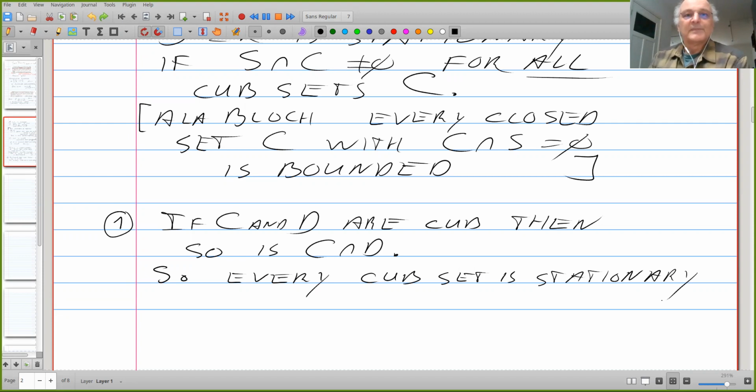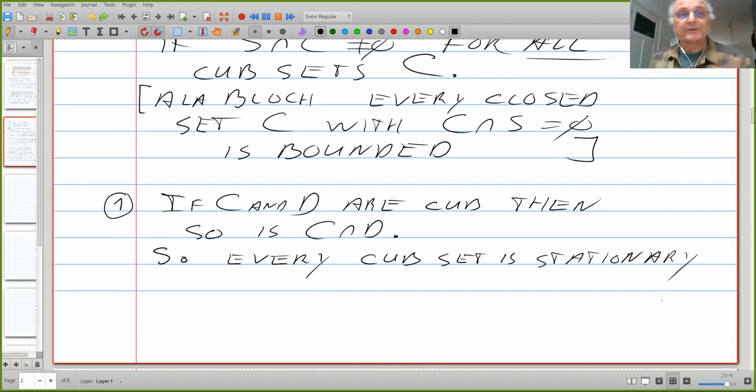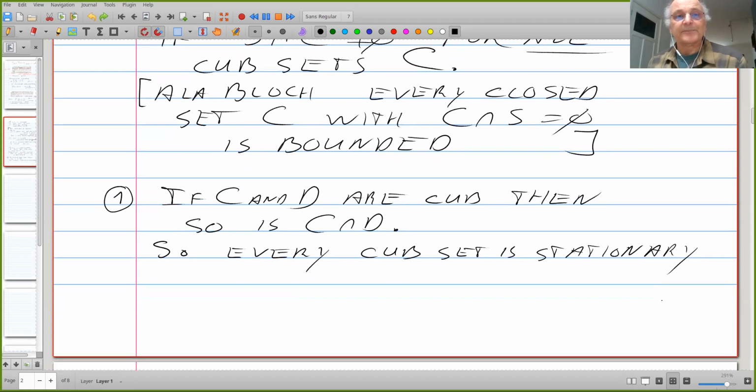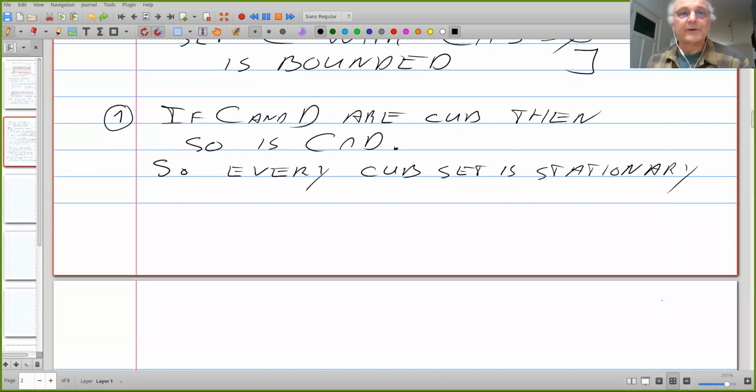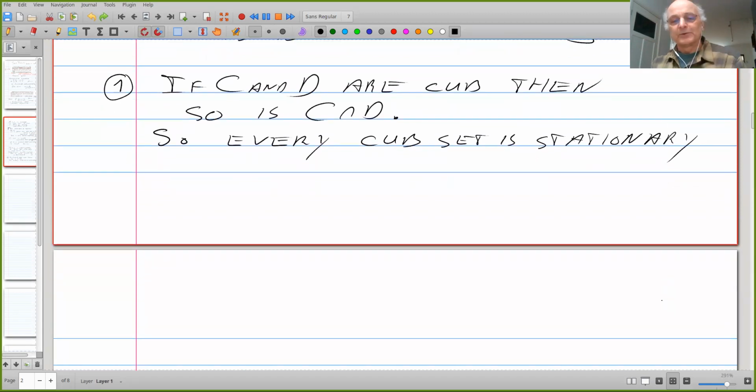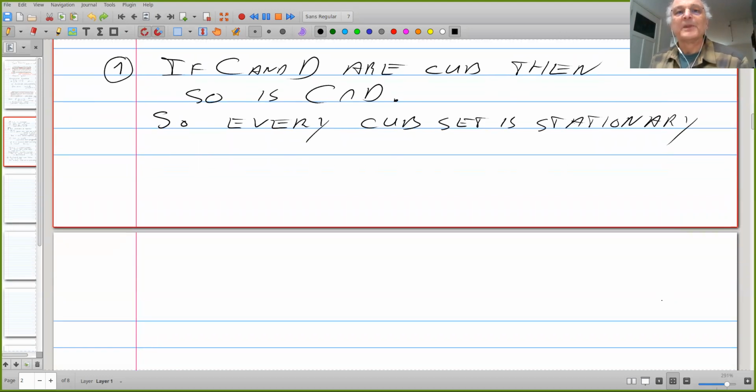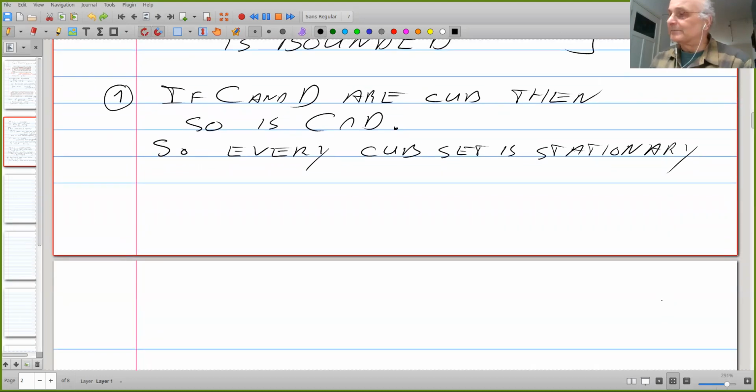And there you have it. It meets the definition, it satisfies the definition of stationary. But how do we prove that any two closed and unbounded sets intersect? Well, like so. We have to show that C intersect D is closed.